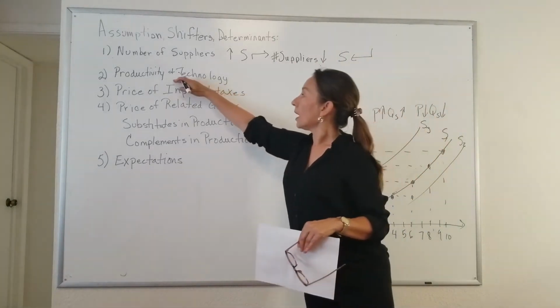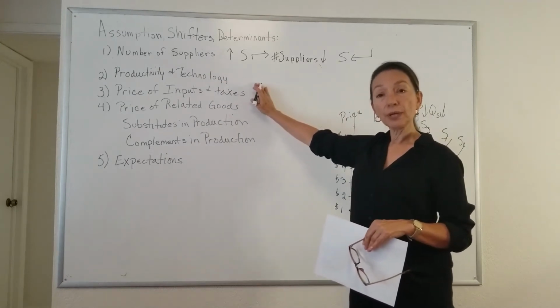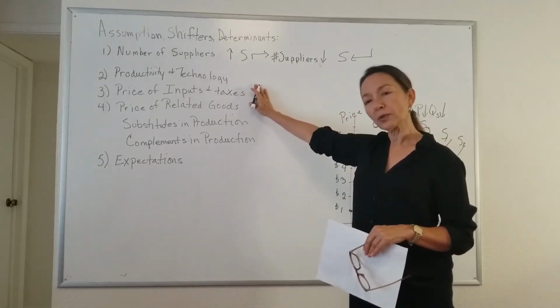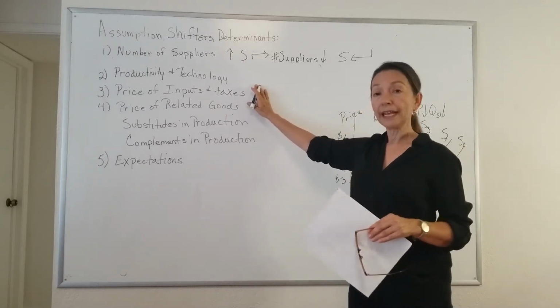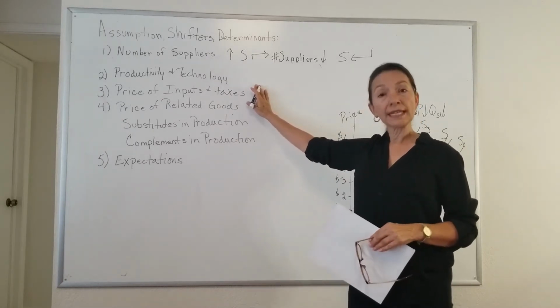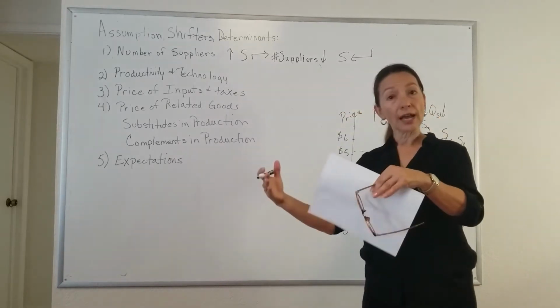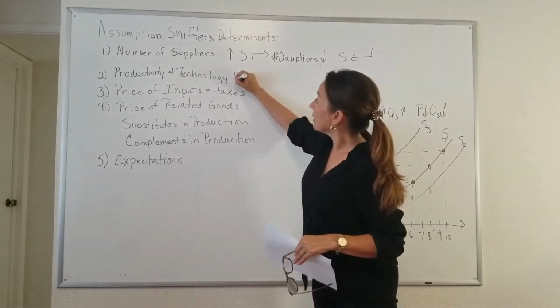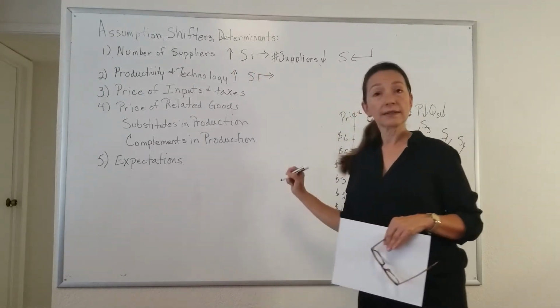The other shifter is productivity and technology. Productivity and technology have a lot to do with how much a supplier can produce in a given time period. If people are well trained and they have the proper equipment, then they can produce a lot. So if productivity and technology increase, supply will shift to the right.